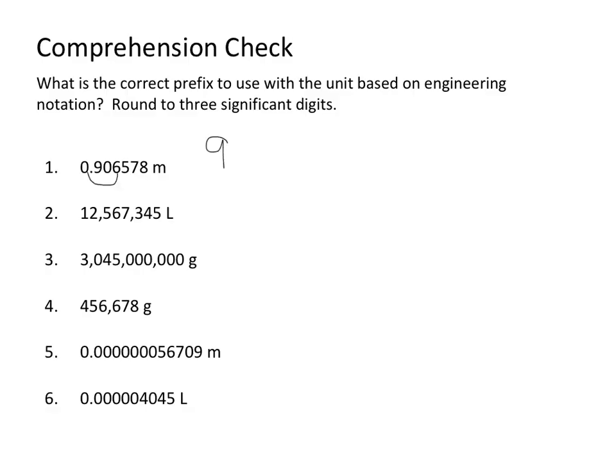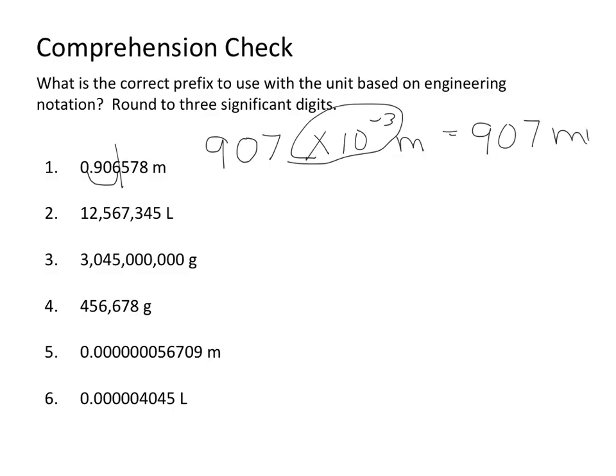So I have 906.578, but to round out to 3 significant digits, I'm going to look to the right of the 6, it's greater than 5, so 907 times 10 to the negative 3 meters. And then to replace the times 10 to the negative 3 with the correct prefix, that would be 907 millimeters.